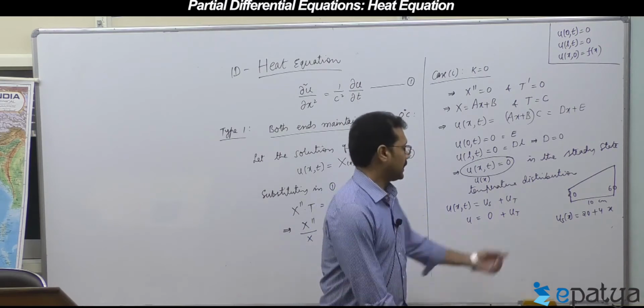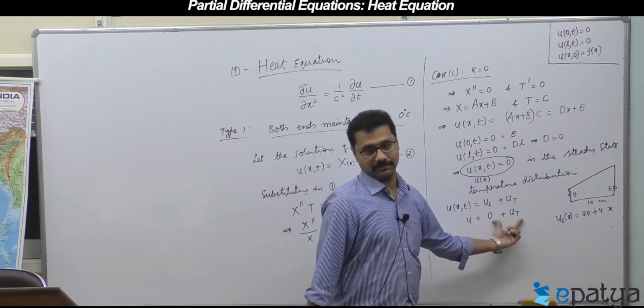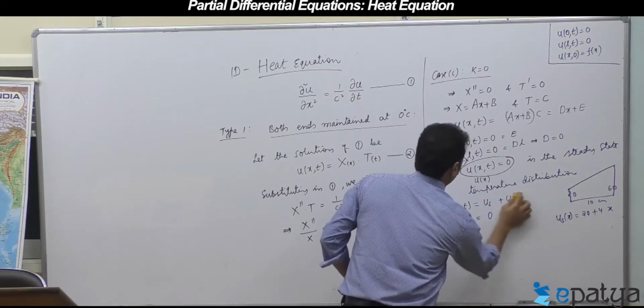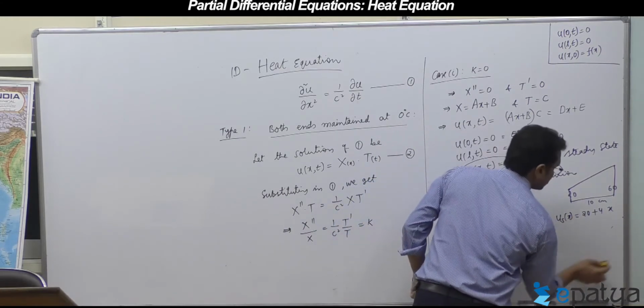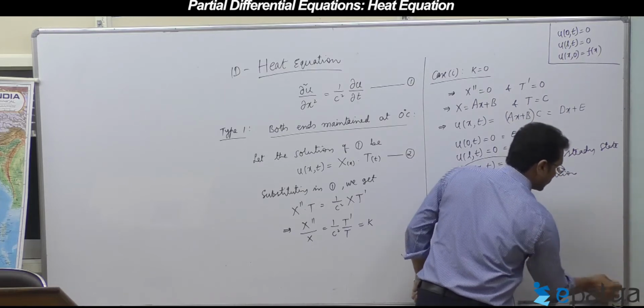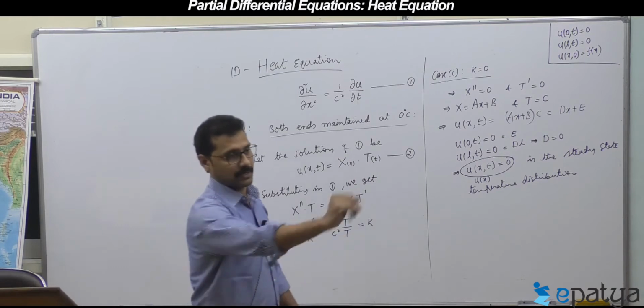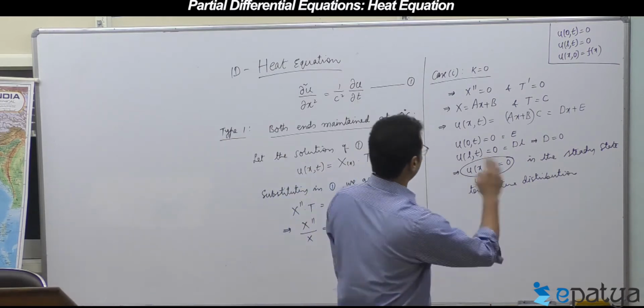Okay, we put t equal to 0, but it doesn't become 0 because u t is there. So k equal to 0 is the one which gives us only steady state temperature distribution, but nowhere related to time. Okay, we'll go for the next case then.